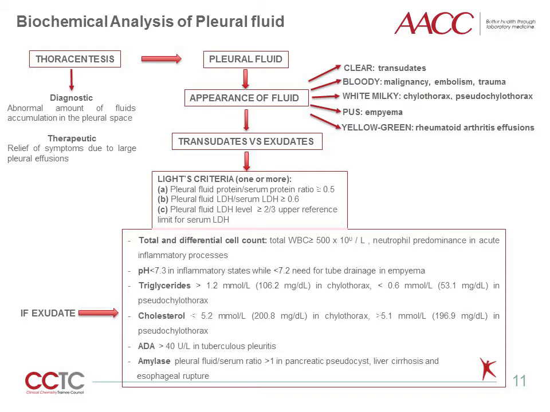According to Light's criteria, an exudative effusion is present if one or more of the following conditions are met: pleural fluid protein to serum protein ratio greater than 0.5, pleural fluid LDH to serum LDH ratio greater than 0.6, pleural fluid LDH concentration greater than 2/3 the upper normal limit for serum LDH.